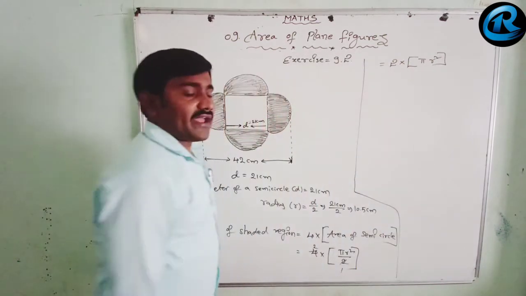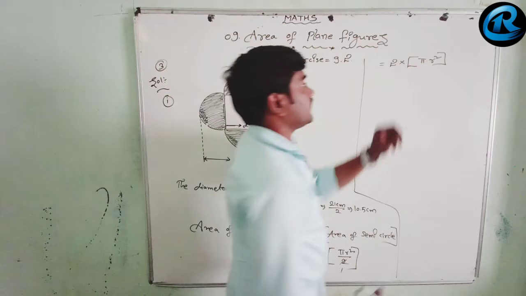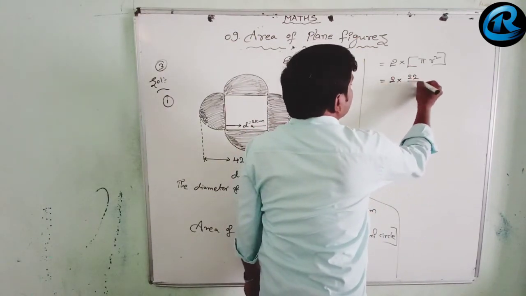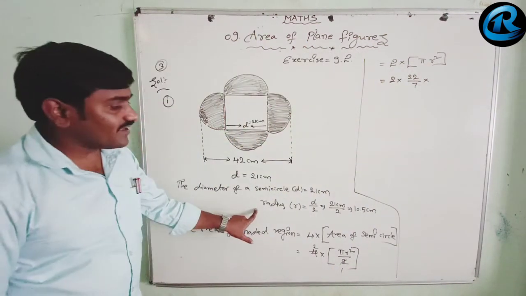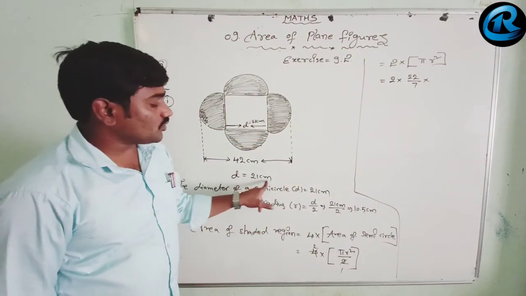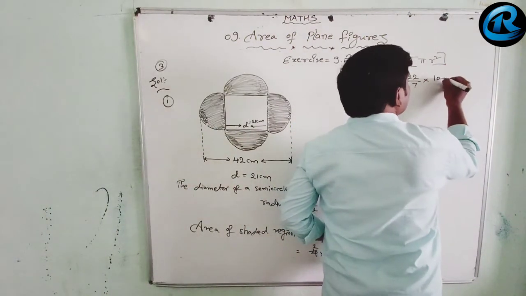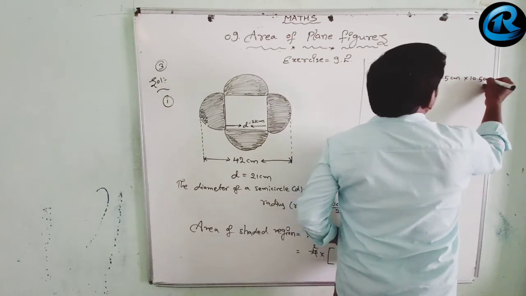Now pi value is 22 by 7 into r value. Already we got the r value, from the diameter 21, the r value is 10.5 centimeters into 10.5 centimeters.